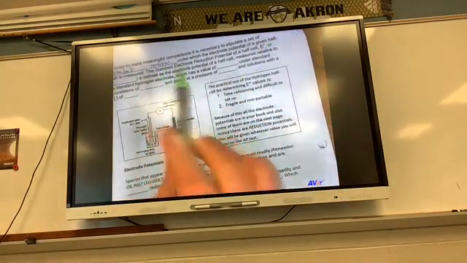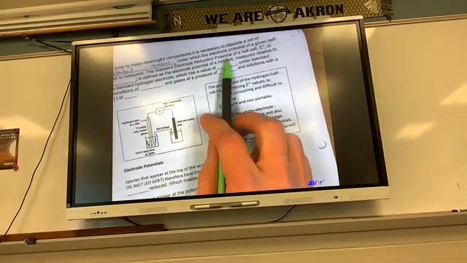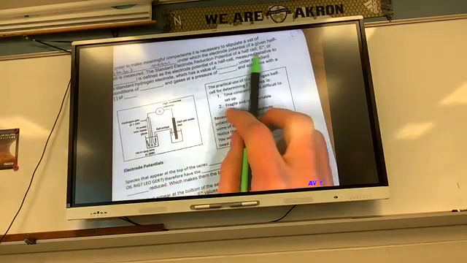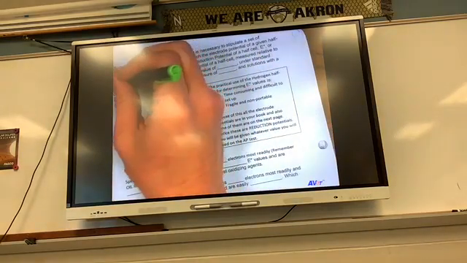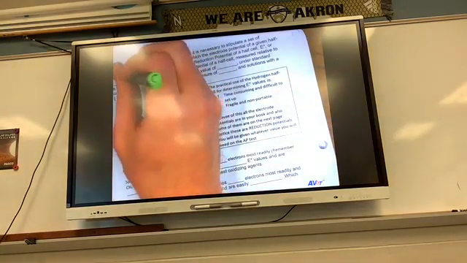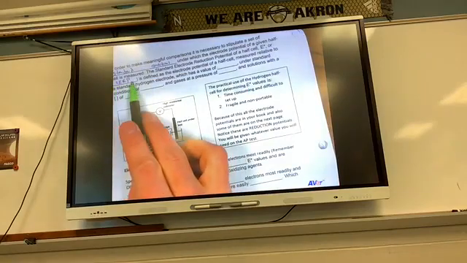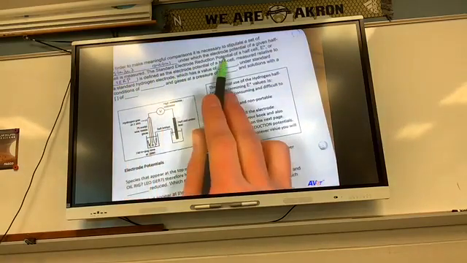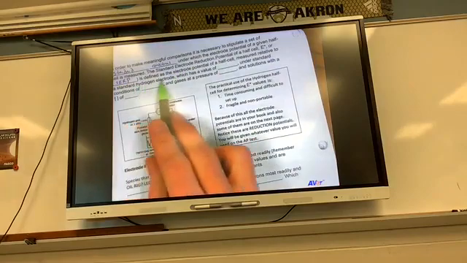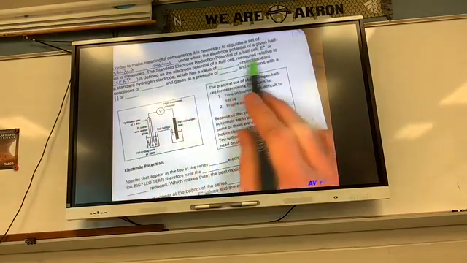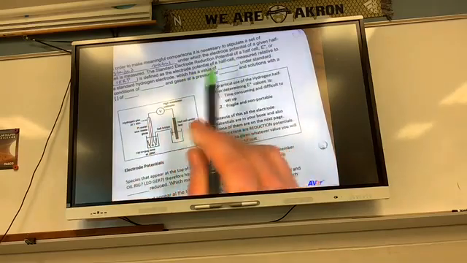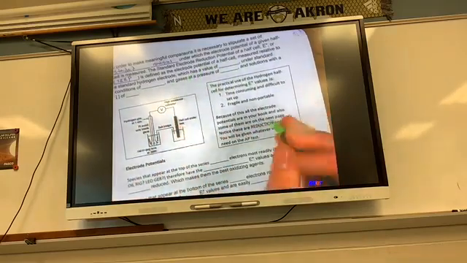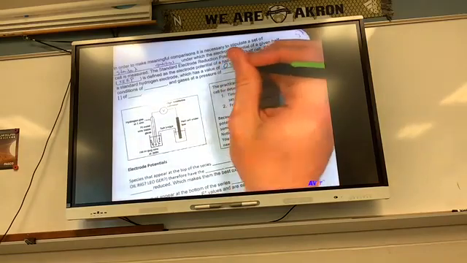The standard electrode reduction potential of a half cell, also known as E, or sometimes you'll see it as SERP, because it's the standard electrode reduction potential, is defined as the electrode potential of a half cell measured relative to a standard hydrogen electrode, which has a value of 0 volts.